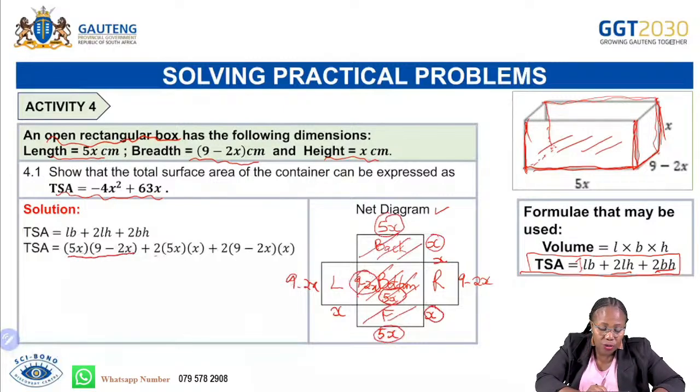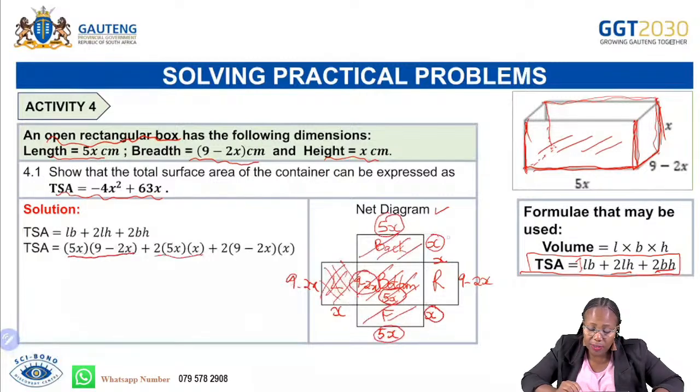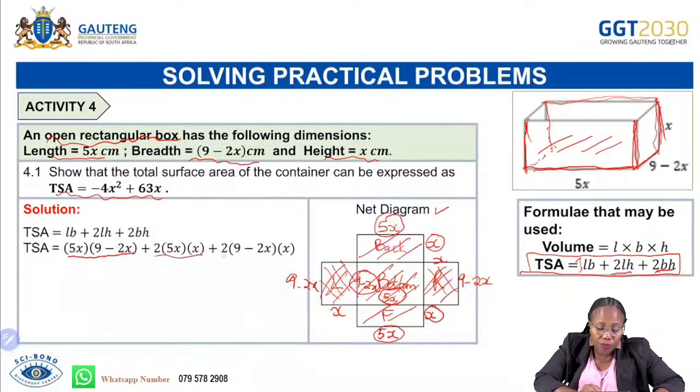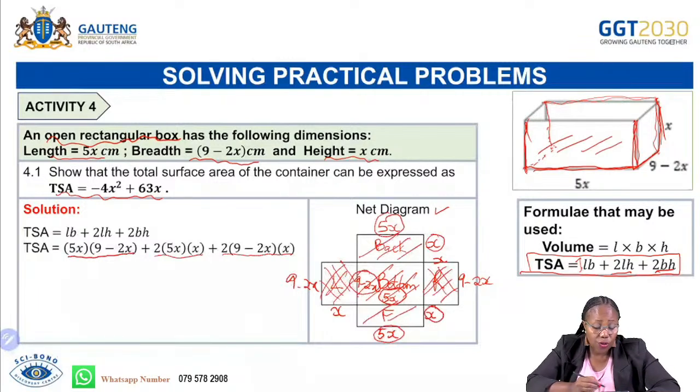That is why we say 2 of 5x times x. And then lastly, left and right, we have 9 minus 2x times x. Hence, we have 2 of them. 9 minus 2x times x, 2 of them. And then now we continue, grade 12.